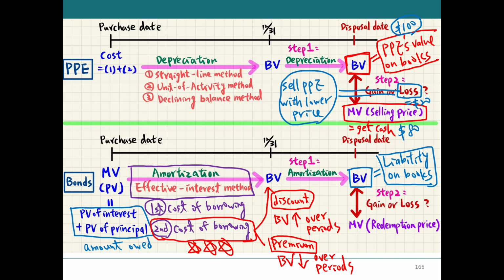Any questions? After you understand your liability on accounting books, then compare with market value, redemption price. What does it mean? Redemption price, market value. How much money you pay, right, for the debt. Redemption price, 赎回价格.